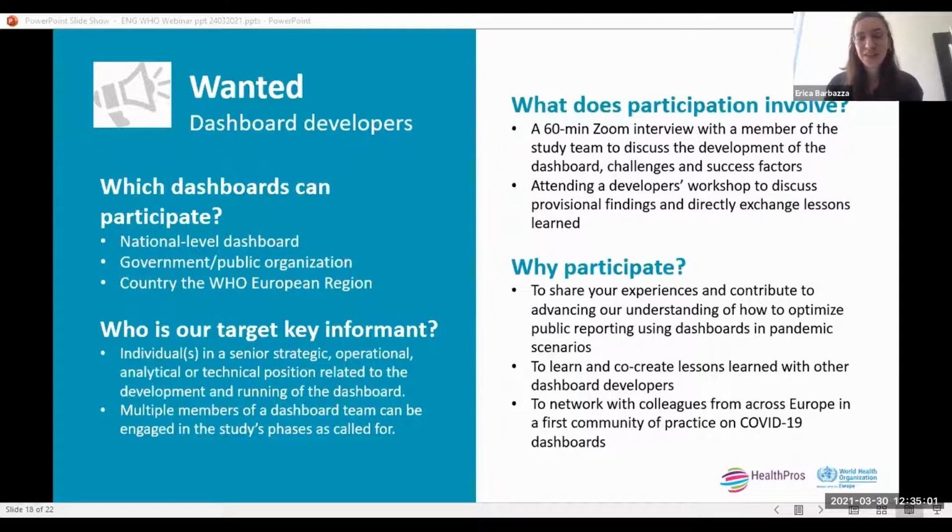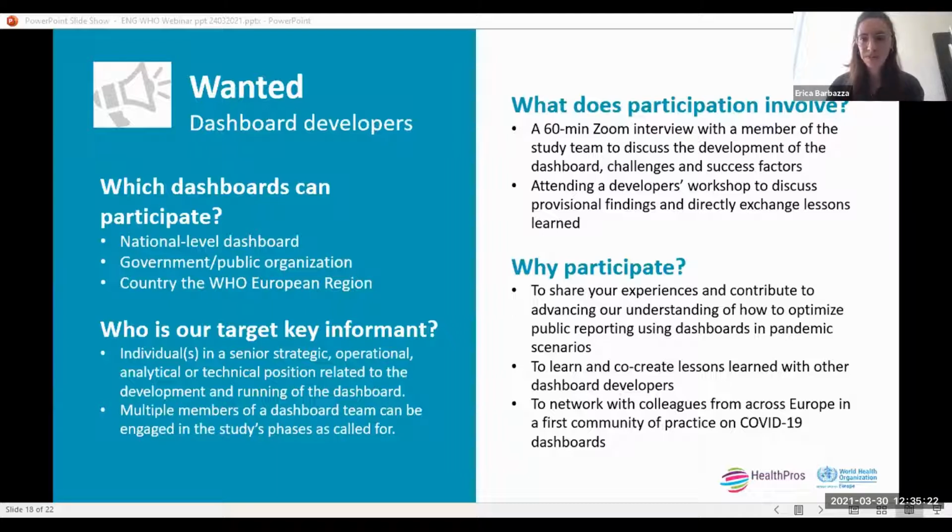And what does it mean to participate in this study? Well, we are mindful that our target is extremely busy teams, so we have tried to be cautious in the time commitment. We foresee the interview, and we've tried to organize that as a 60-minute discussion, and the follow-on workshop.